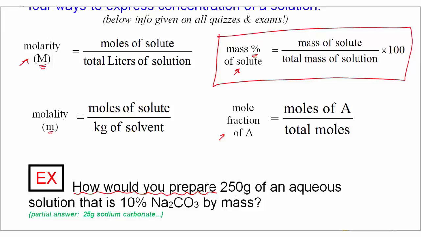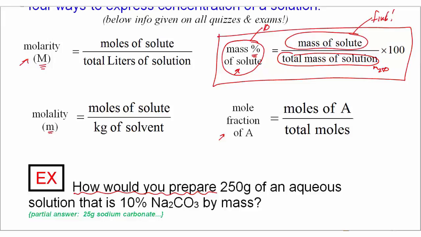So 250 grams of an aqueous solution, well, that must be the total mass. So that'll be 250. And then it's 10%, so that means this must be 10. So we just need to solve for this. And that solute is what? Is it the sodium carbonate or is it the water?